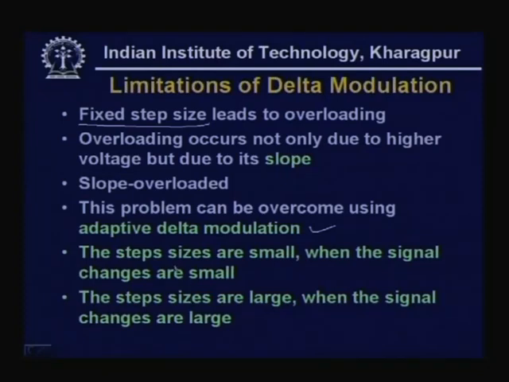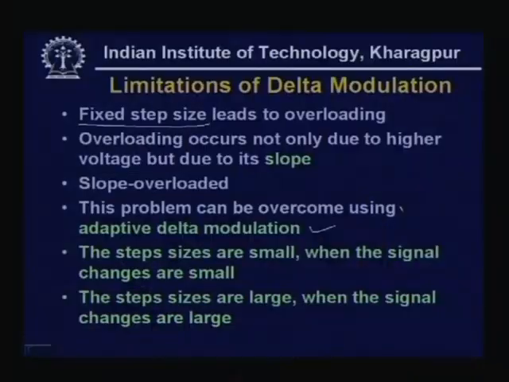What we are doing is controlling the step sizes in such a way that step sizes are small when the signal changes are small, and the step sizes are made large when the signal changes are large.